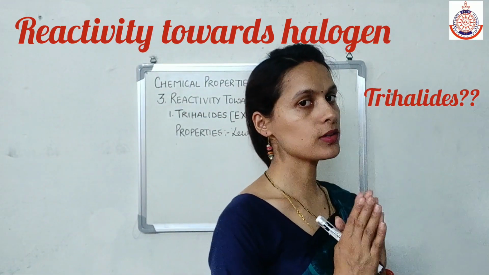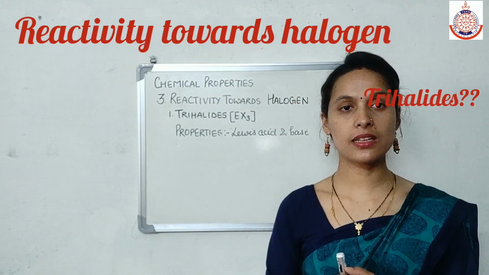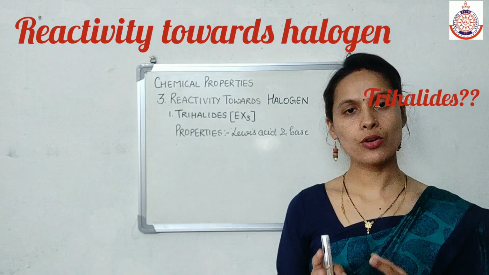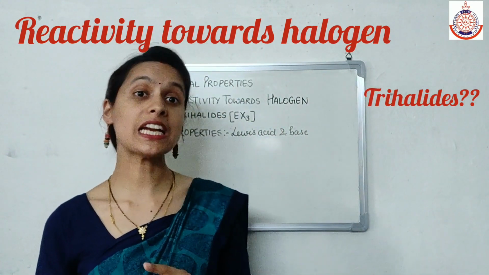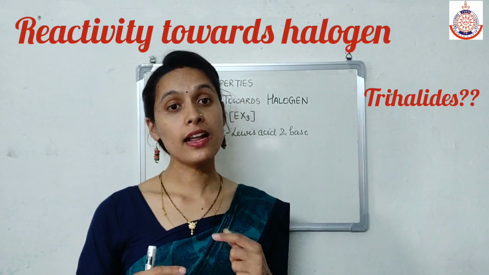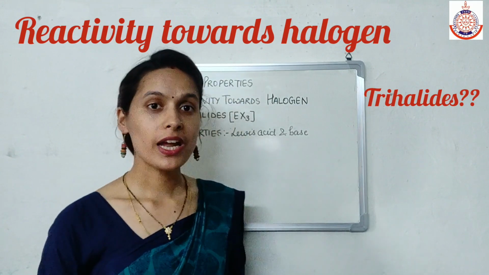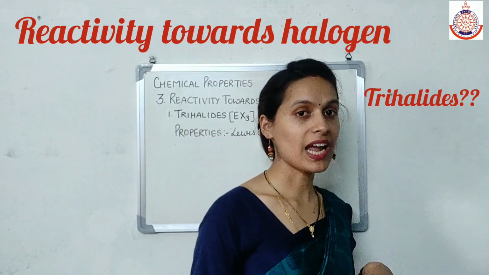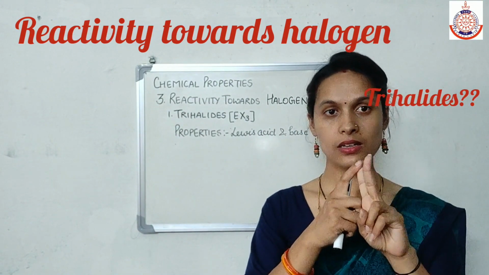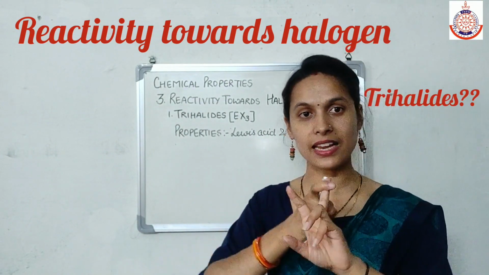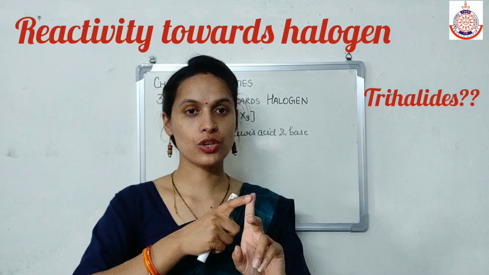The other members of this family, apart from nitrogen, also have a lone pair, but along with it they have vacant d orbitals, so they can easily accept electrons. So in the trihalides of this family we find two tendencies: the donating tendency and the accepting tendency.